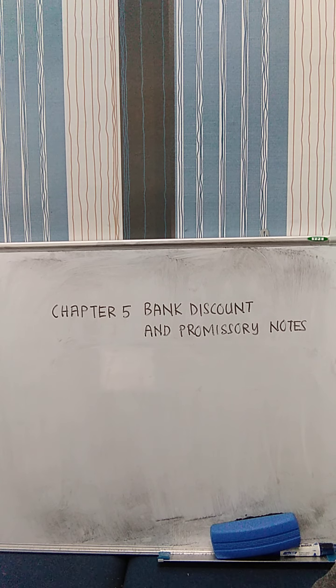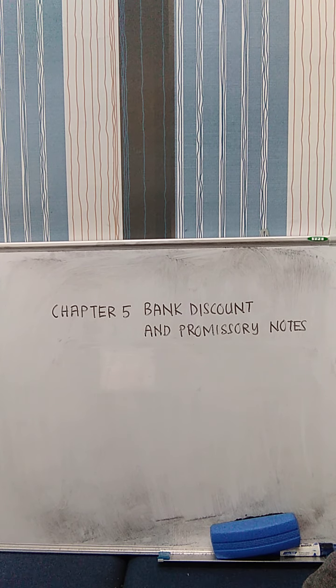a term that we need to know for the promissory note. Number one is maker. What is maker? Maker is the person that signed the note. The person that signed the note means if you want to borrow money from me, you are the maker.